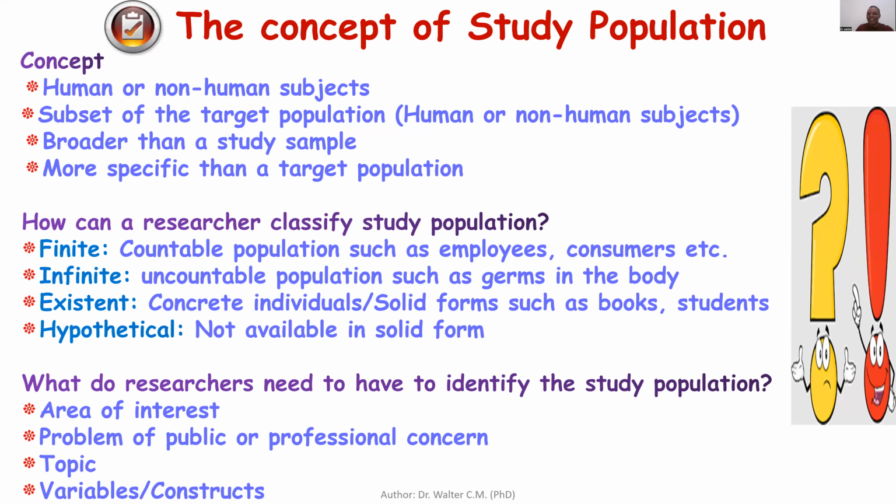And if someone asks you which category or class this population is, you fail because you didn't go deeper to understand what a study population is and how we can classify them. So in the basic, we have at least four classes of population that you mention in the title. We have finite population. These are those that are countable. You can count them.